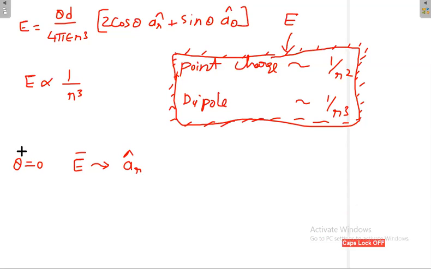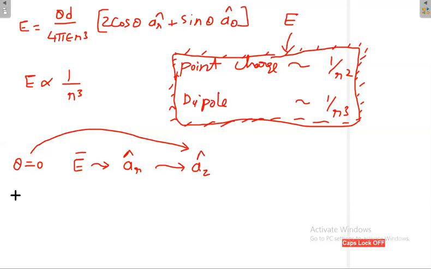But you know that theta is equal to 0 in a spherical coordinate system means the az cap direction. That means whenever theta is 0, the direction is actually the az cap direction.